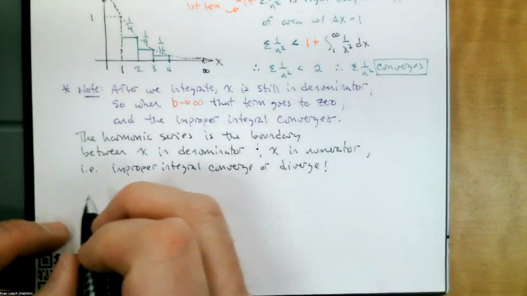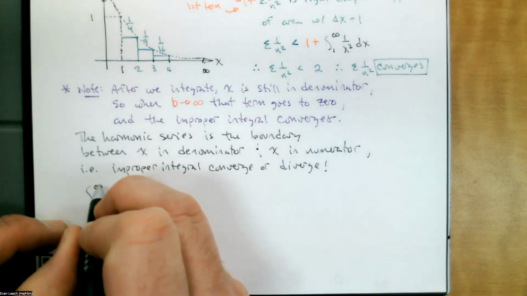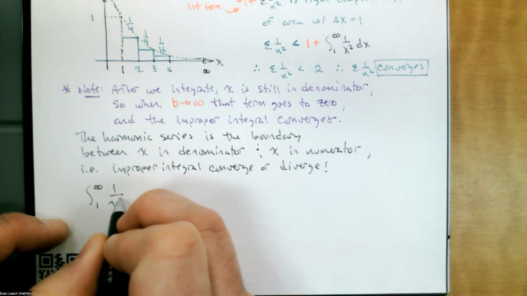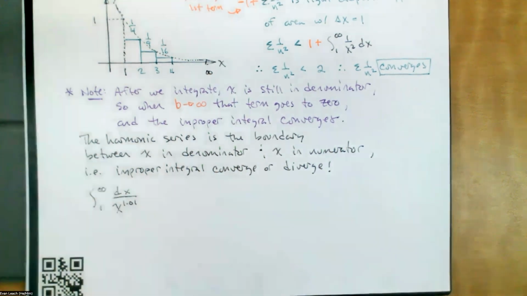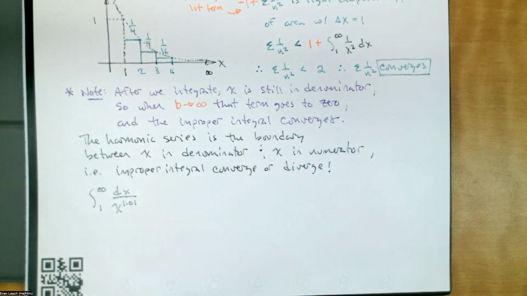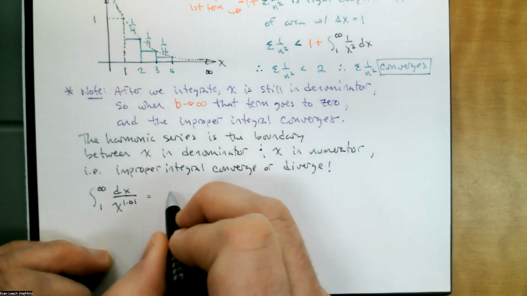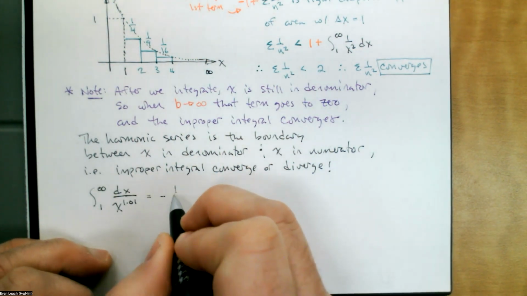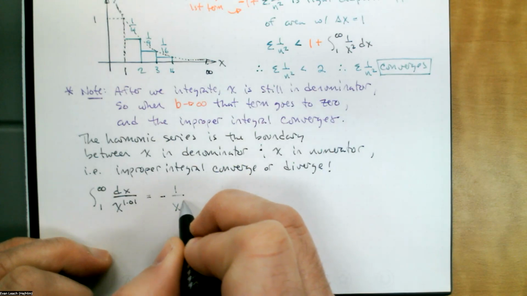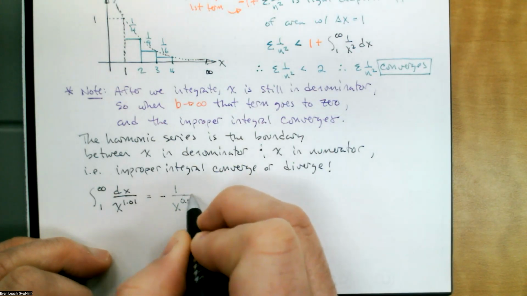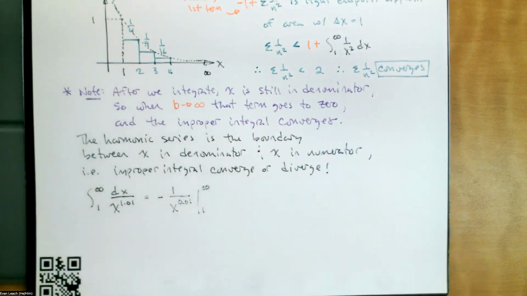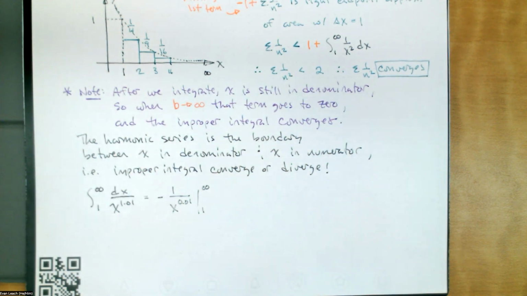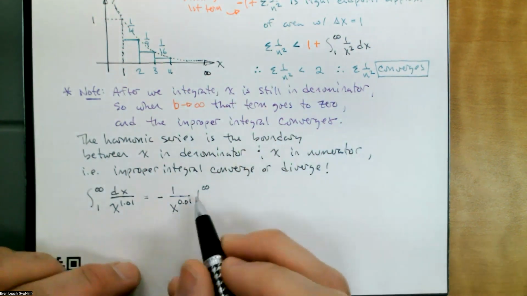So if we have the improper integral from 1 to infinity of 1 over x to the 1.01 dx, when we integrate, we add 1 to the exponents, and the x is still in the denominator. So this improper integral converges because the x is still in the denominator.